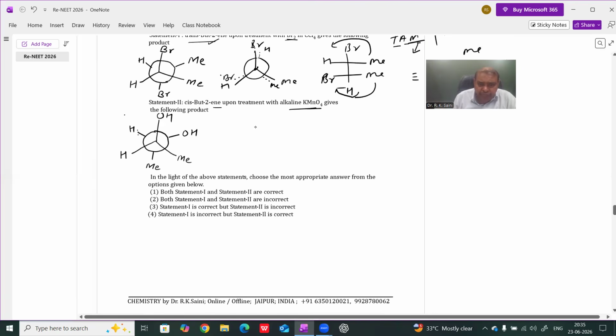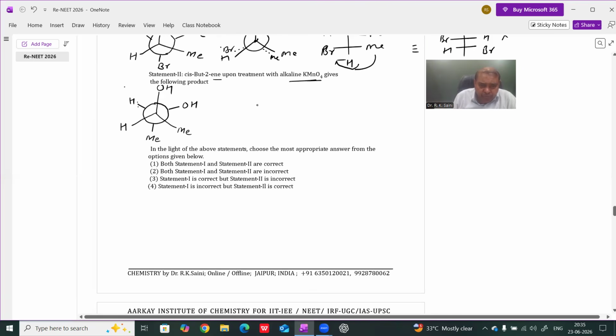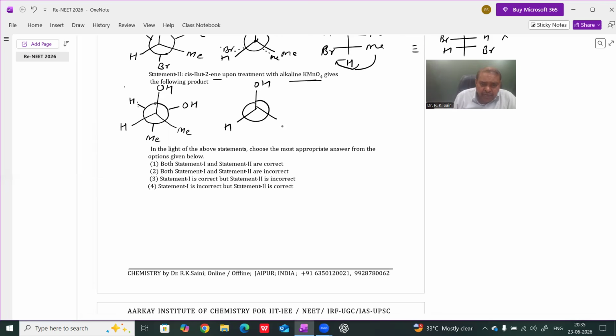The groups of one carbon remain constant and the other groups are simultaneously rotated, by which it changes into the eclipsed form: OH, H and Me at the first carbon, and at the bottom H is eclipsed with OH, Me eclipsed with Me, and Me eclipsed with H. It is the eclipsed form.